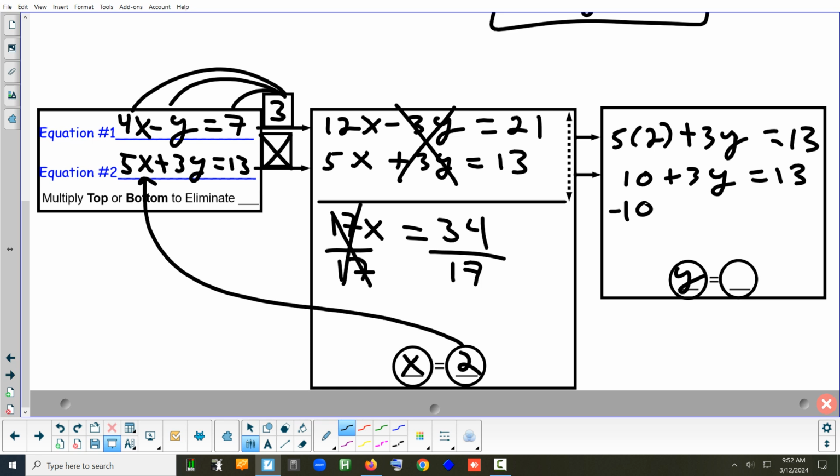That's gone. How about, Molly, what's still on the left side? 3y. And Marie, what's on the right side? 3. Looks like we're going to get a nice answer. Divide each side by 3, and you get y equals 1.